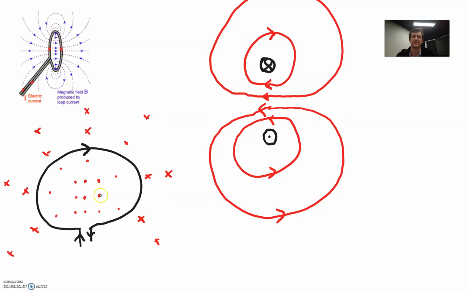This one here is a bit frustrating to do, but just try and do more crosses or dots in the center of the wire like that. And this in my mind is a bit easier to do, but we need to be able to work with both of them for a single loop of wire.